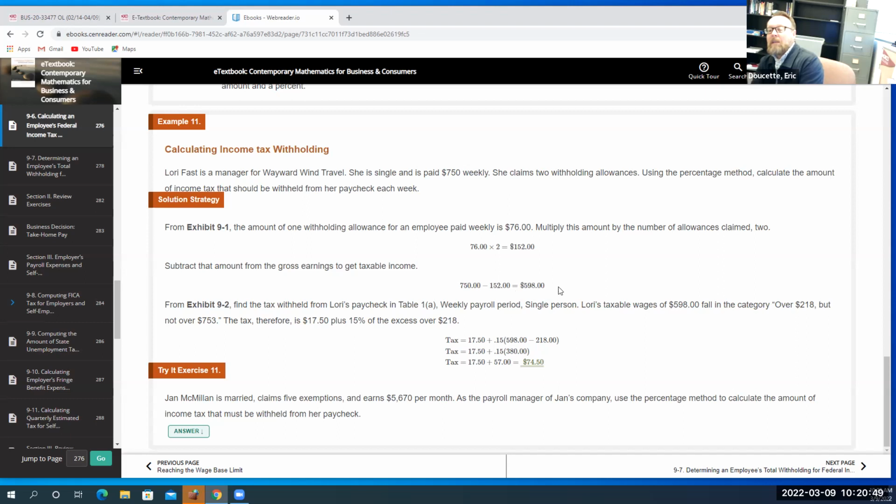So she's only being ultimately taxed on the $598, right? That's the total taxable income. And then we went to that second chart and found, where does that fit within that chart? Well, it fits between the $218 and the $753. So that means she's taxed $1,750 plus 15% of everything over $218. So we went to the math and wrote that all out, and it came out to $74.50 for her taxes.